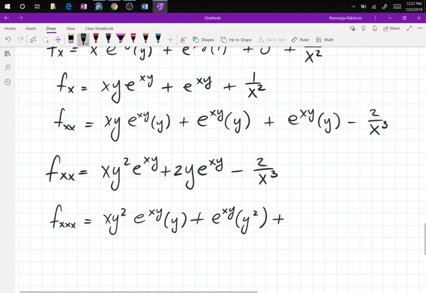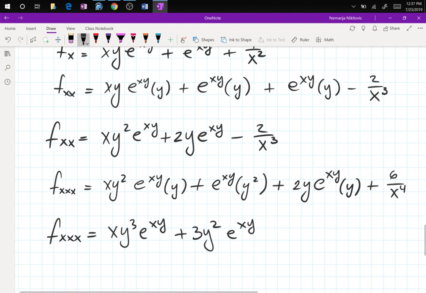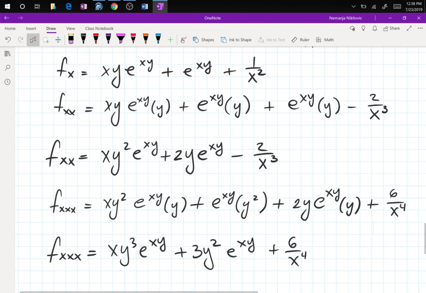Plus, over here we have 2y e to the xy times y, and then we have plus, this is going to be 6 over x to the fourth. So the third partial derivative is going to be xy cubed e to the xy. Now, are these the same? Yes, they are. Y squared, so plus 3y squared e to the xy plus 6 over x to the fourth. You can go as far as you want with these.